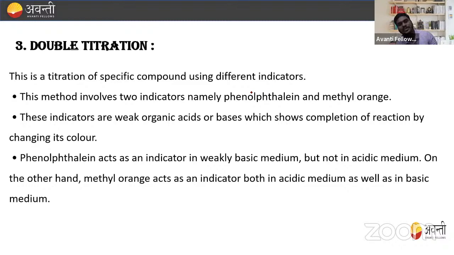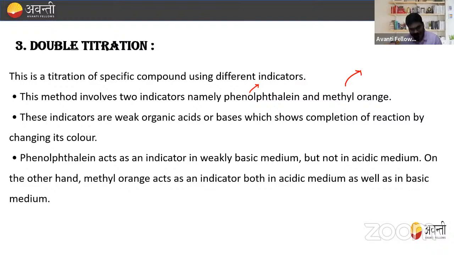These indicators are weak organic acids or bases which show completion of the reaction by changing color. So how will we determine whether the reaction is completed or not? The indicators show completion of the reaction by changing their color.